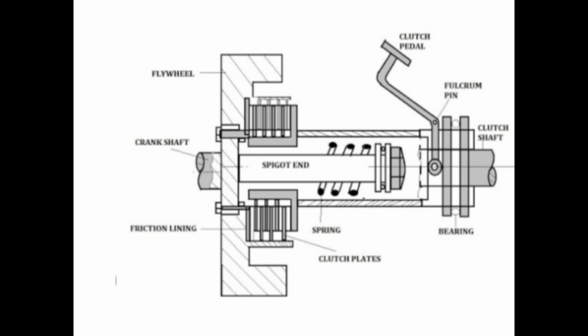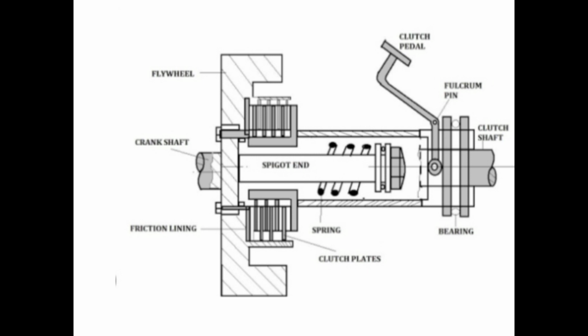We have the friction lining, clutch pedal, fulcrum pin, clutch shaft, bearings, spring and clutch plates. This type of clutch is the same as the single plate clutch, only that this has many or multiple plates.